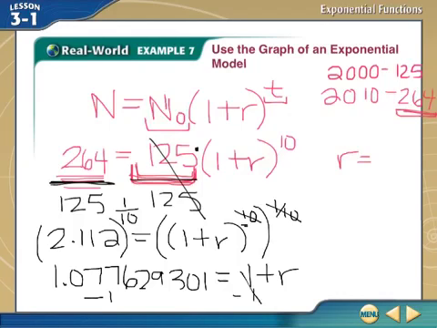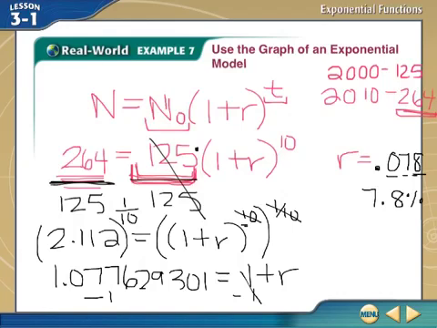And r is, if I round to the nearest thousandth, 0.078. That's my decimal. As a percent, if I move my decimal over, that is an annual increase of 7.8%.